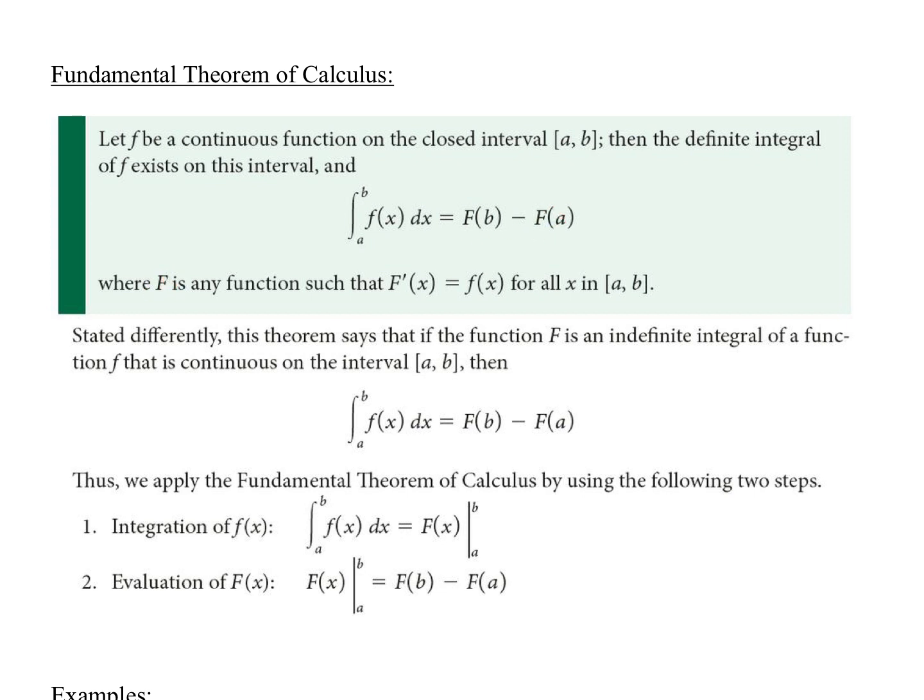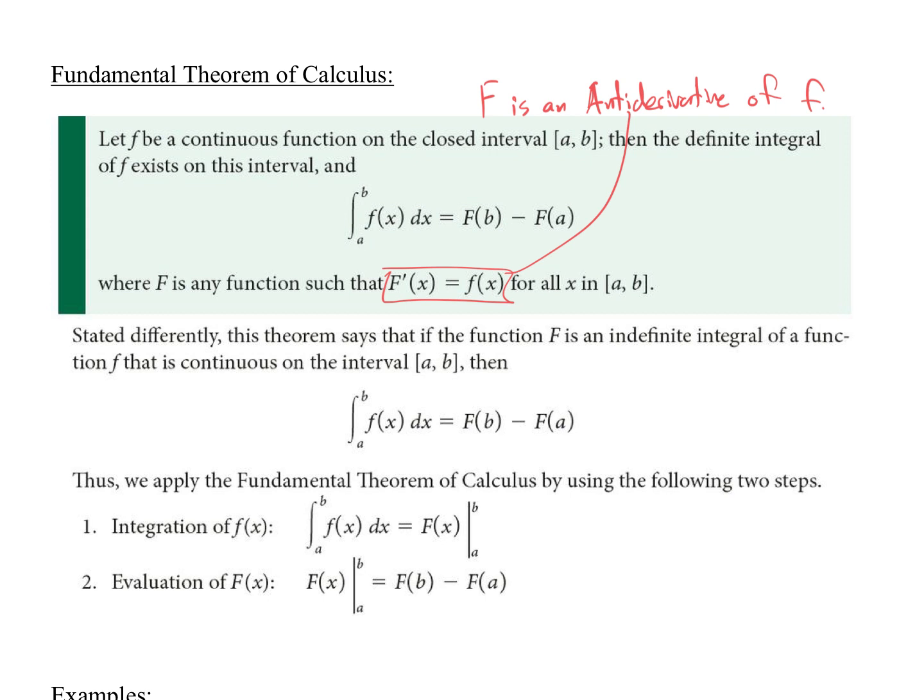What is capital F? Capital F is any function such that the derivative of capital F is equal to lowercase f. Another way of saying this is that capital F is an antiderivative of lowercase f.